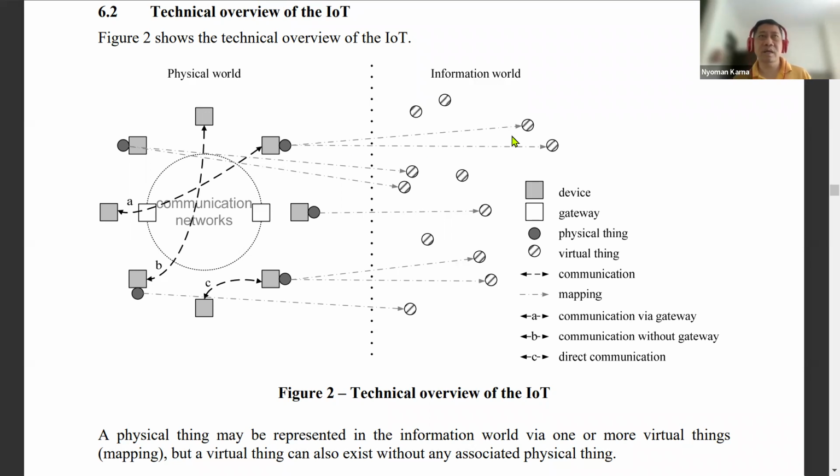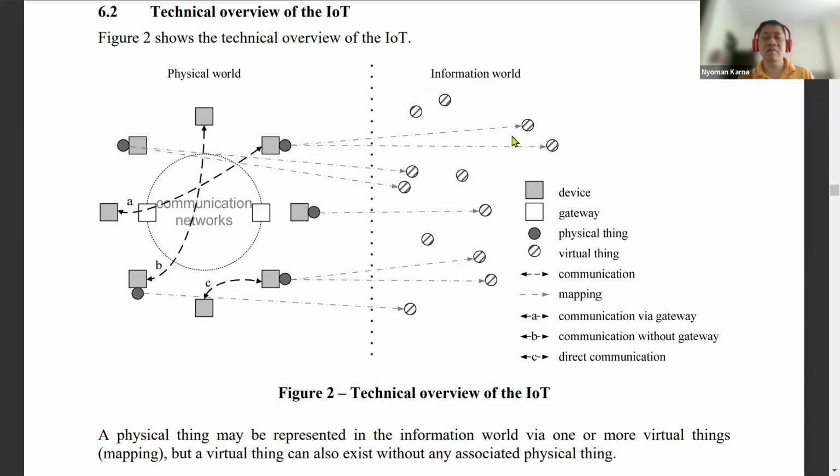Everything is relative. So hot for some people, maybe it's really hot, but for some other people, they will say that no, it's not very hot. It's a good temperature. So that's what we call information world. Everything is relative in information world.